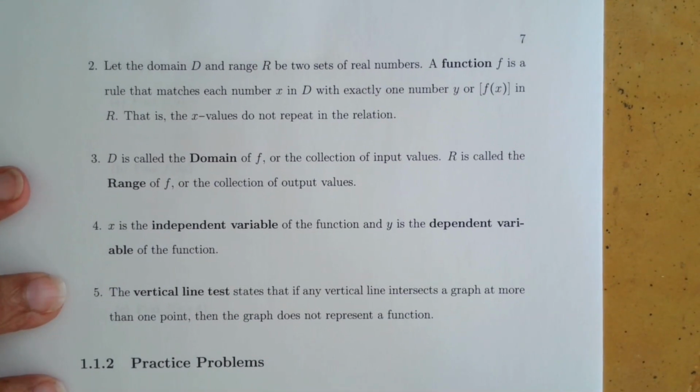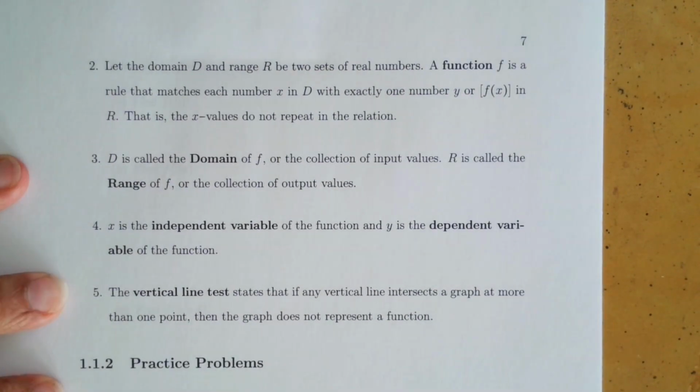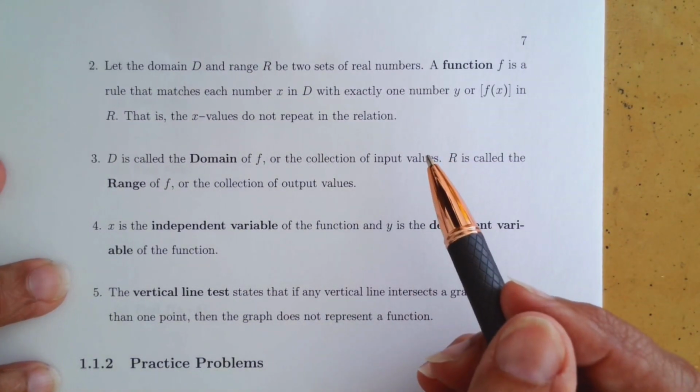All right, the second definition, okay, is about a function. So it says, let the domain D and the range R be two sets of real numbers. Then a function f is a rule that matches each number x in the domain with exactly one number y, sometimes also referred to as f of x, in the range.